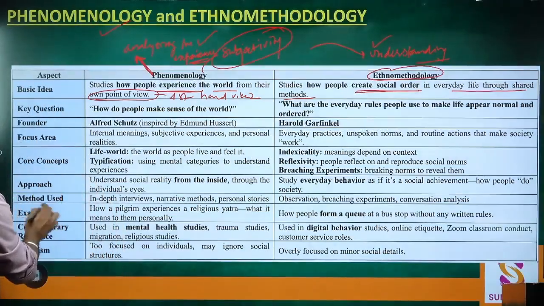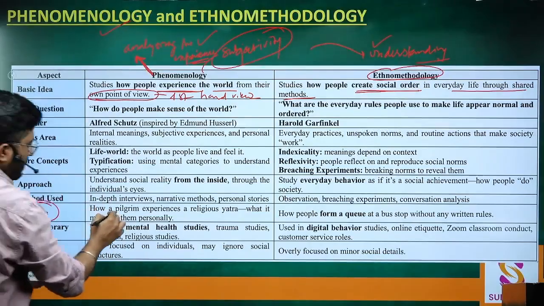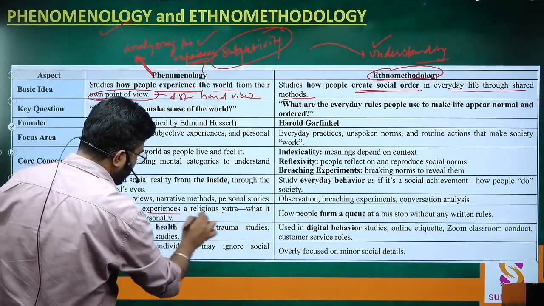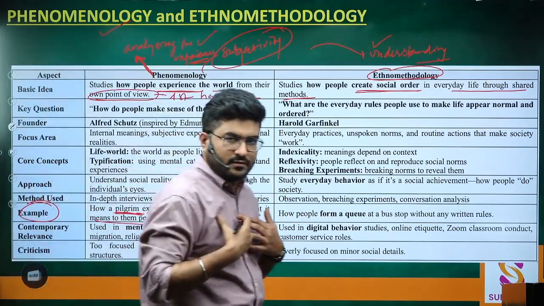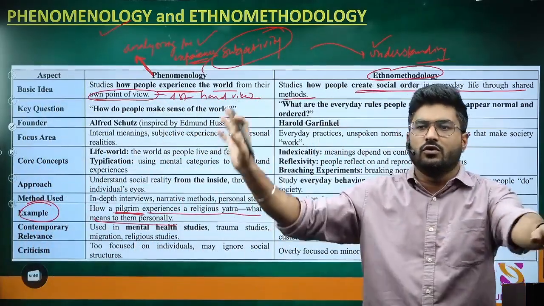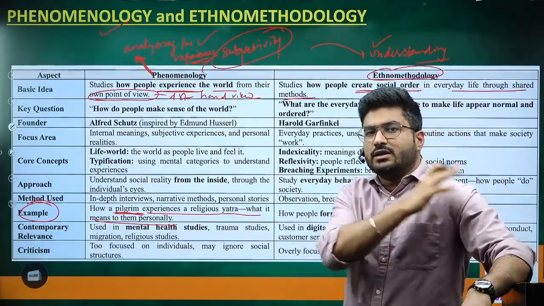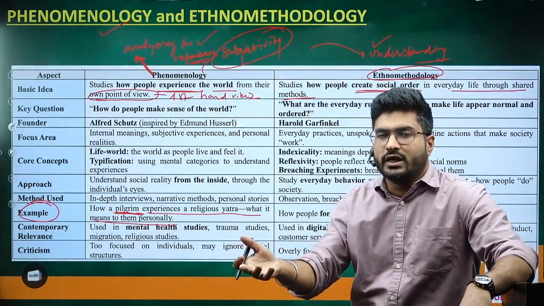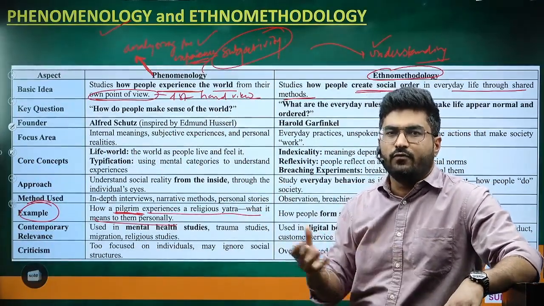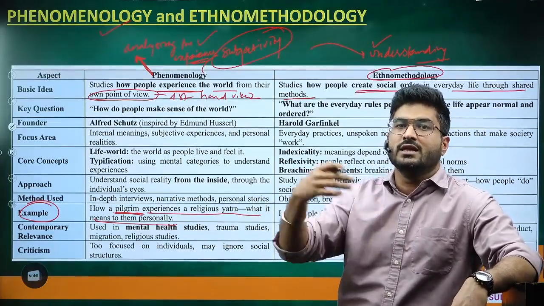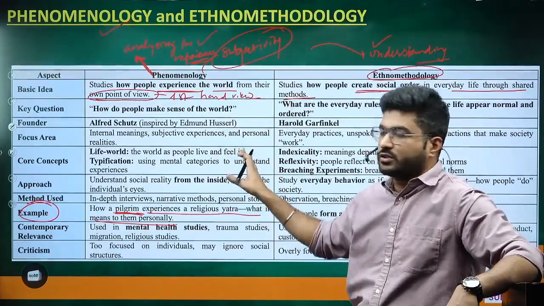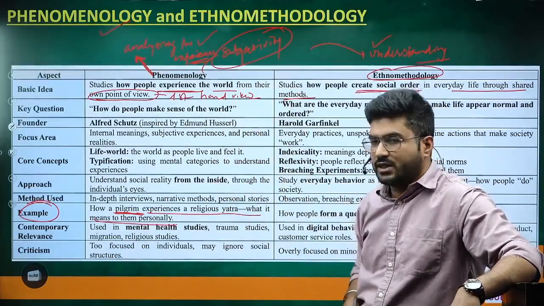Take this example: how a pilgrim experiences a religious yatra, what it means to him personally. For someone who has gone on a religious trip, the attachment to the deity will be personal. So if we want to understand that attachment, that interaction between the person and the deity, we have to get into his shoes to get the first-hand experience.